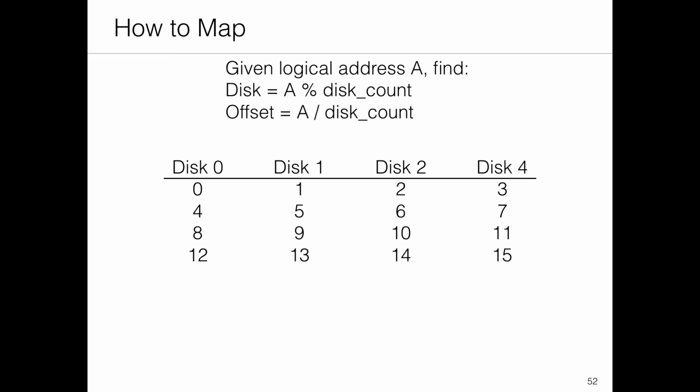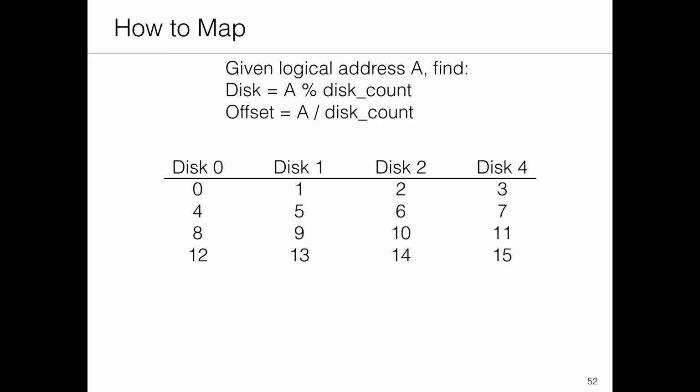Given a logical address A, can we find out which disk it will go to? It seems simple. Let's say the logical address is 8. Why should it go to disk 0? Because it goes to disk A mod disk count. If it was 8, it goes to 8 mod 4, which is 0, so it goes to disk 0.